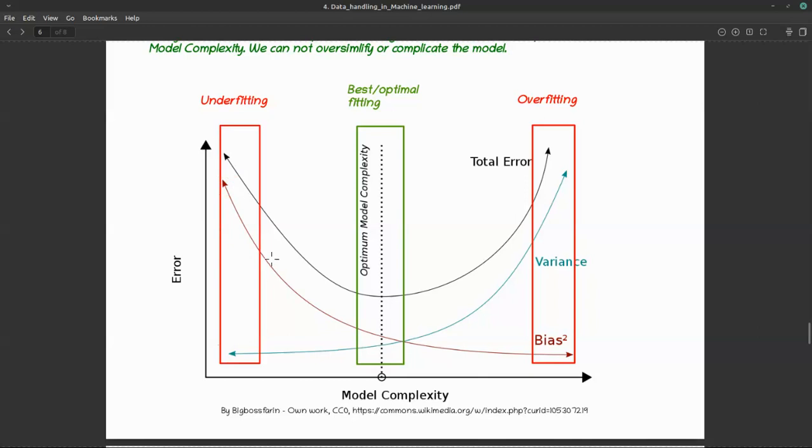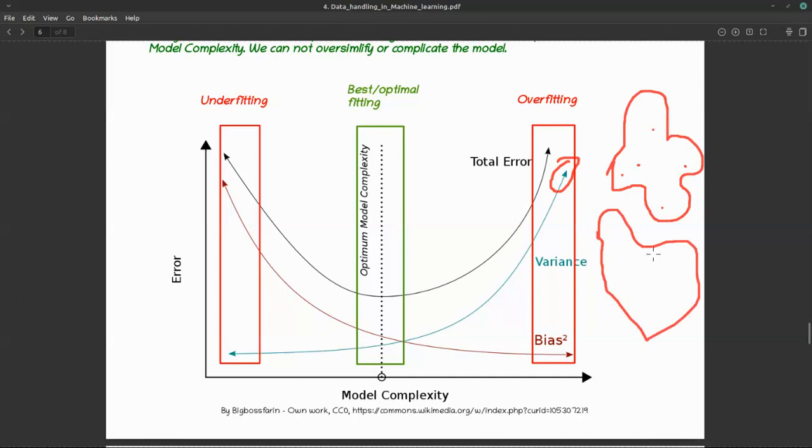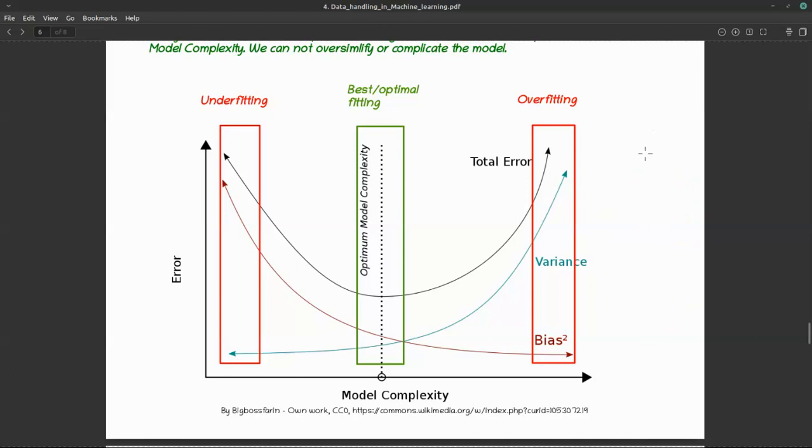If I now reduce my k equal to 1, then what will happen? It would be high variance. It will try to take all the values. The boundary will look something like this, not very smooth in KNN. In case of regression, it will do something like this. It will try to get every point.